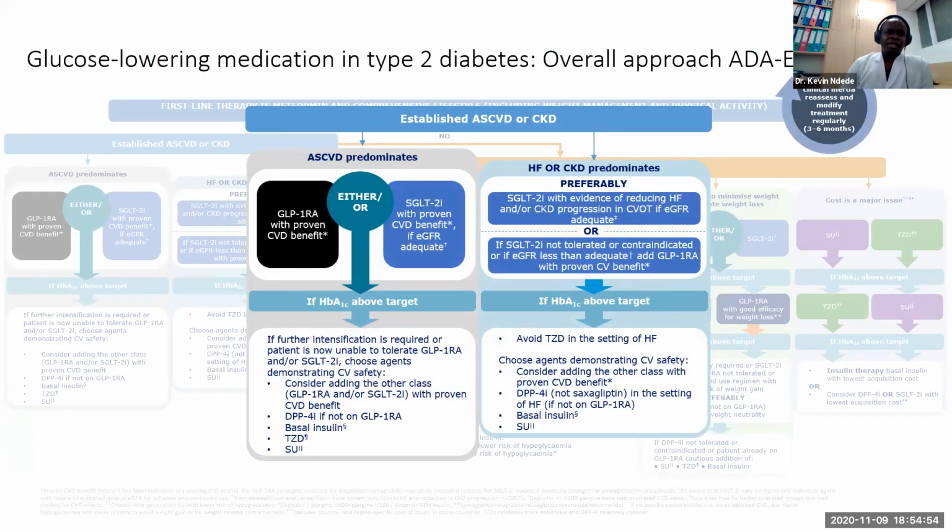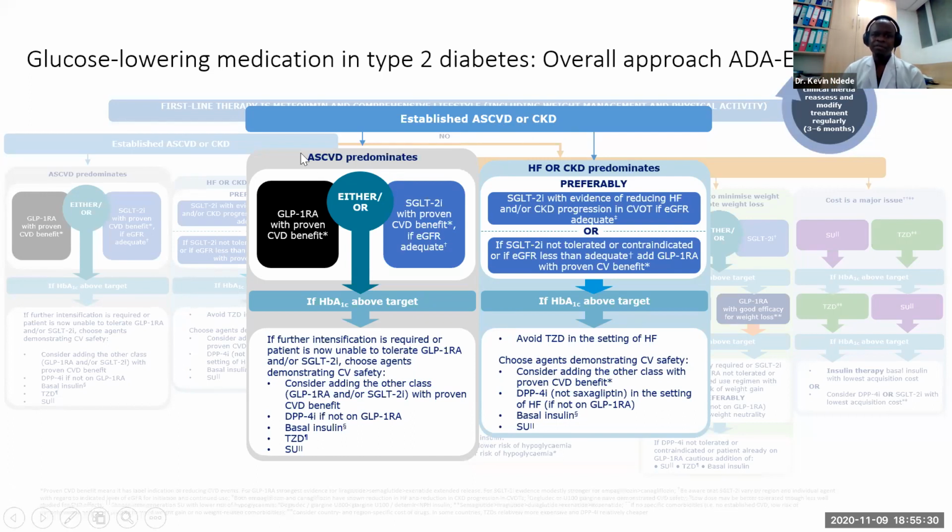Now, the guidelines that we use locally have been adapted from international guidelines, the ADA and EASD consensus guidelines. And so there's an algorithm depending on the type of patient that you have. So if you have a patient with an established atherosclerotic cardiovascular disease or has chronic kidney disease, so these are patients who either have myocardial infarction, have had a stroke, or peripheral arterial disease.